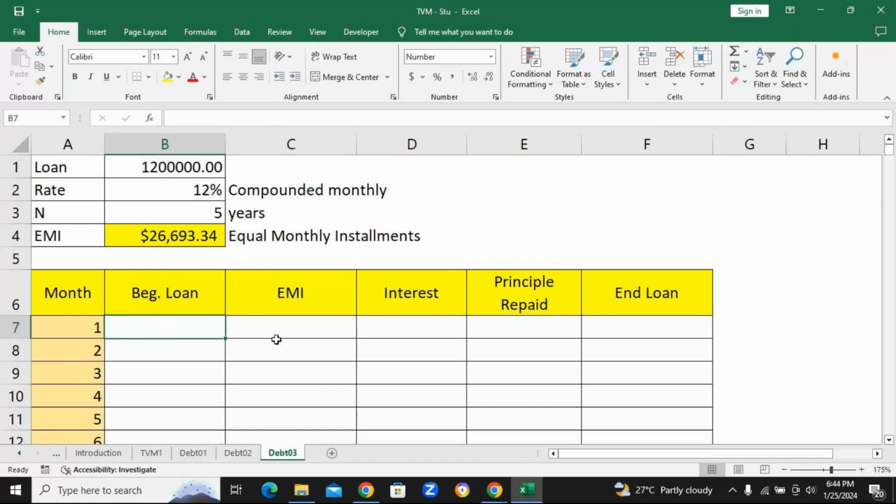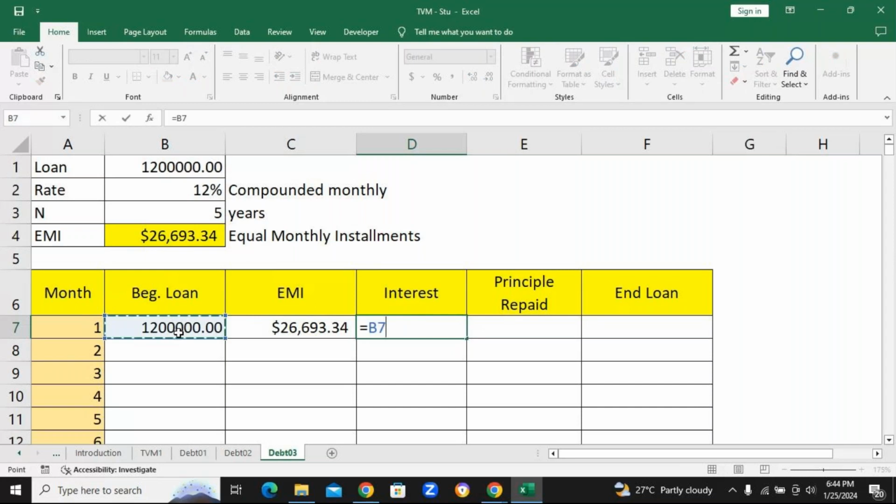So here the beginning loan amount is 1,20,000, and EMI equals this value. Interest equals 1,20,000 into 12% divided by 12. Enter.